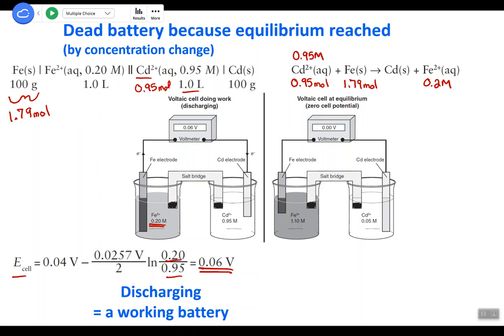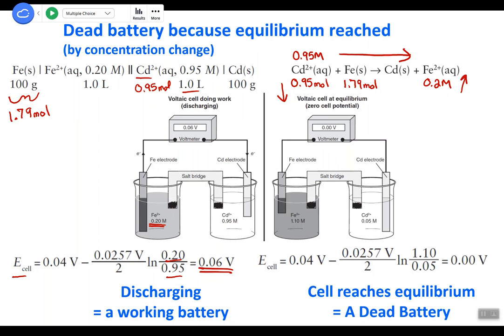As time goes on, the reaction, as written on the page, is going from left to right. The amount of cadmium ions is going to decrease, and the amount of iron ions is going to increase, because spontaneously it's going from left to right.